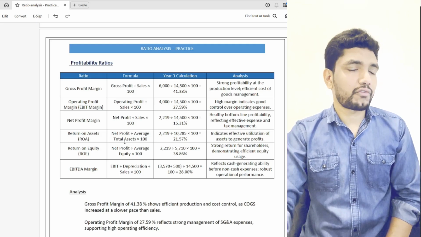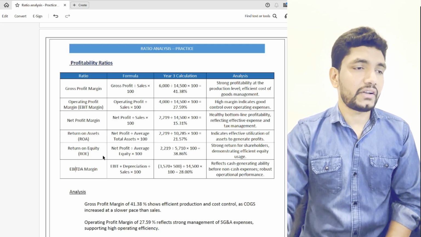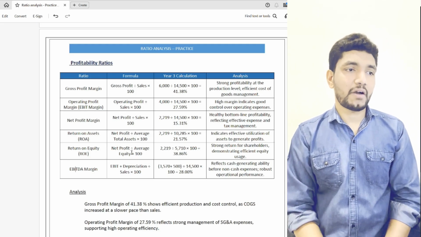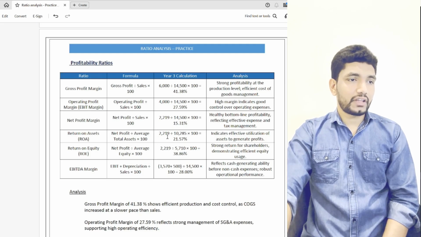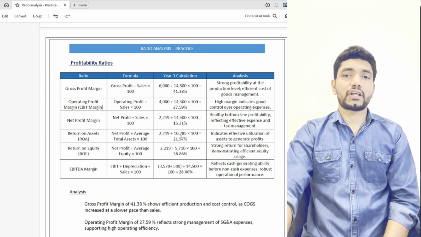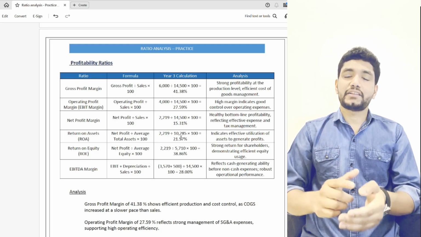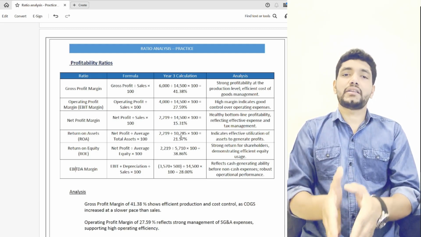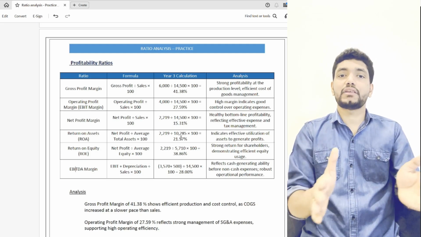In return on asset, the formula is net profit divided by average total asset. Again, for return on equity, the formula is net profit divided by average equity. Here you can see the net profit is 2,290 divided by the average total asset. How do you get the average total asset? We have to add the current total asset and the previous period total asset, and average it.